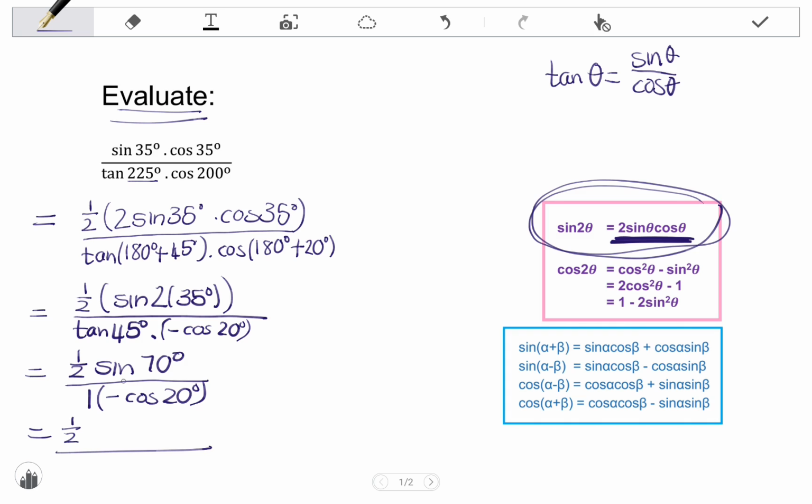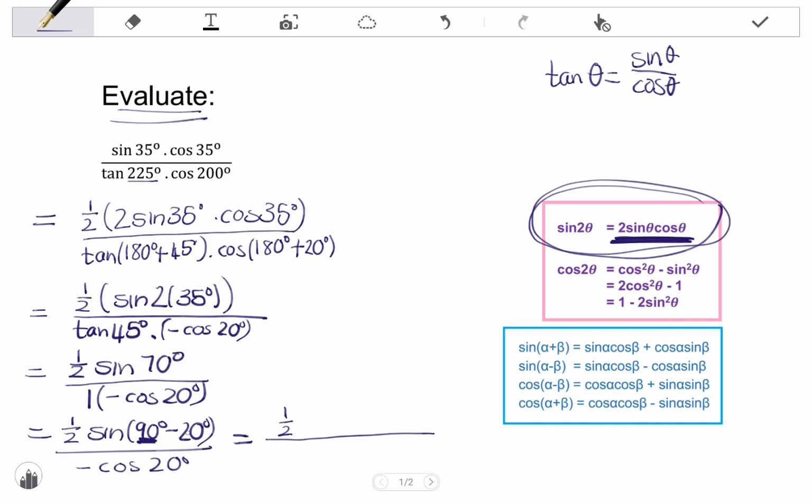Okay, so sine 70 can be rewritten as 90 degrees minus the angle that would give me a value of 70, so 90 minus 20. In the denominator, I'm left with negative cos 20 degrees. Now in the numerator, I have a half. Now sine 90 minus 20, the 90 indicates to me that I'm going to reduce to the co-function.